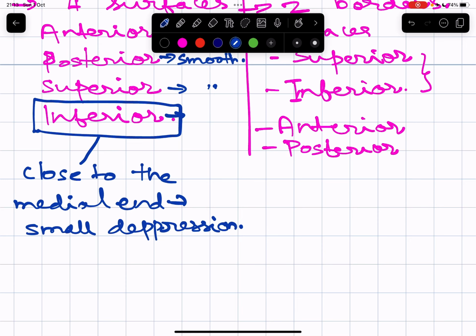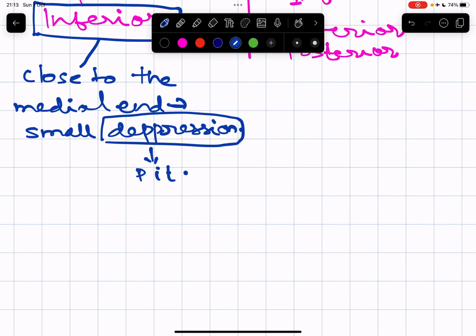So this depression here is seen like a small pit. And what is attached there? There is a structure called the costoclavicular ligament.